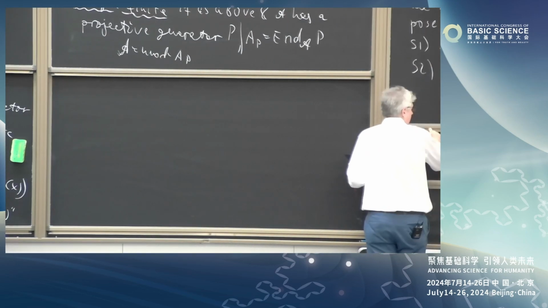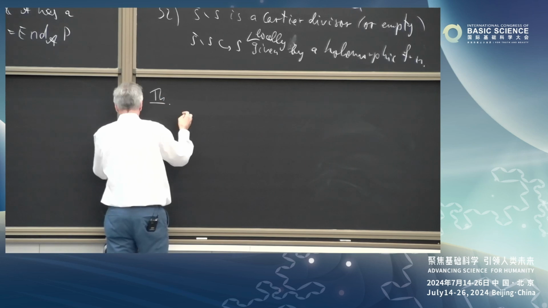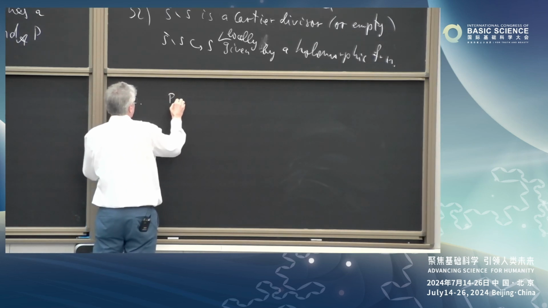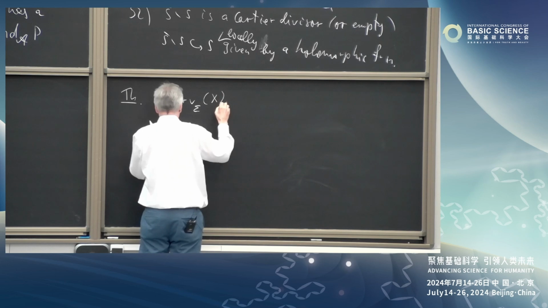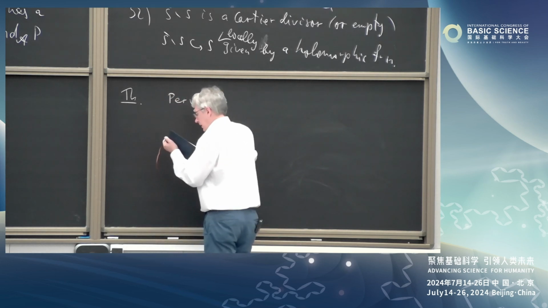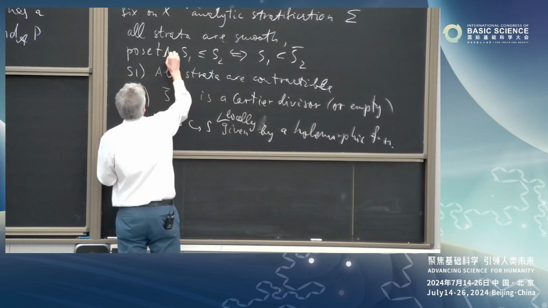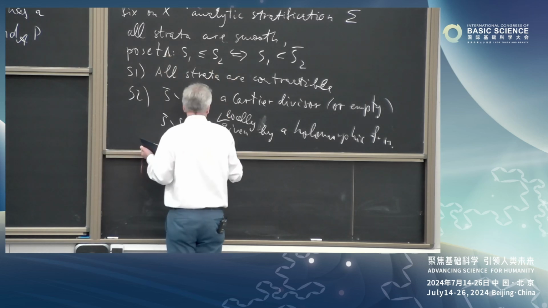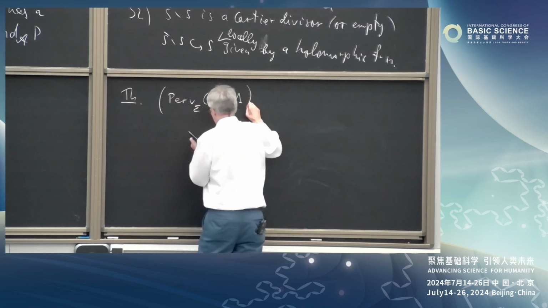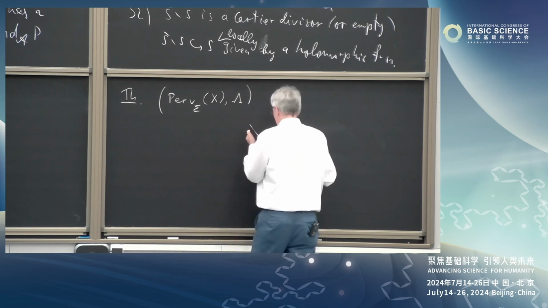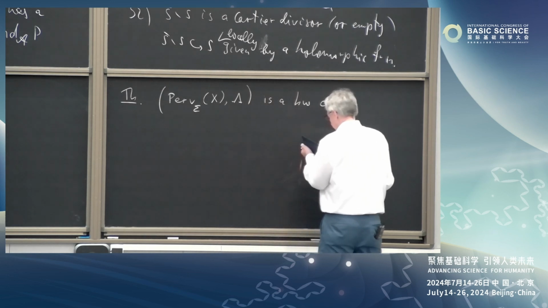theorem which claims that the category of perverse sheaves with respect to this stratification Sigma on X, together with this partial order which I denote Lambda, the set of strata with this partial order, so this pair is a highest weight category, which I will write just as HW cat.